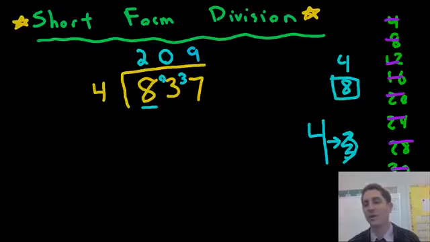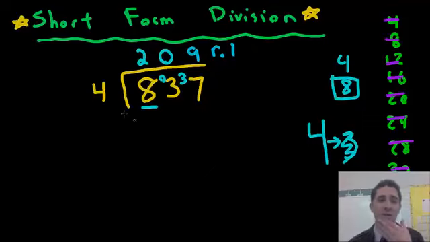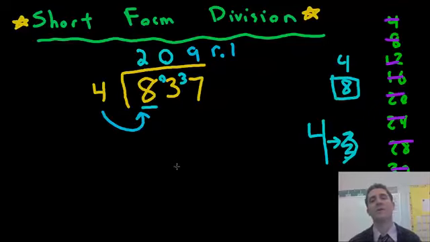Now 36 was 1 away from 37, so I had 1 left over, or remainder 1, because there's nowhere to carry my 1 to. So that's what short form division is. I see if it goes into the number, I put how many times it goes in up here, and whatever's left over goes in front of my next number. Let me do another one for you.